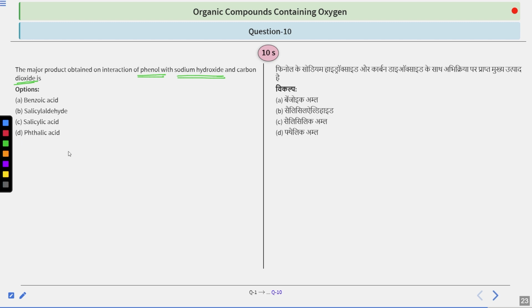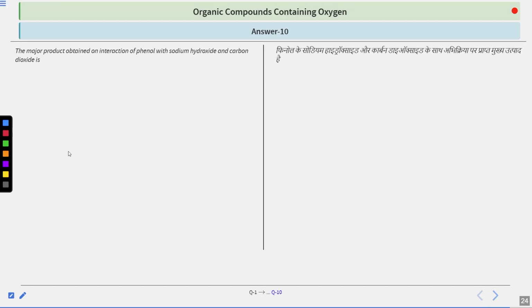You have some time to think about this question. After that, we will see the answer. Okay, let's see. The correct answer for the given question is option C, that is salicylic acid.